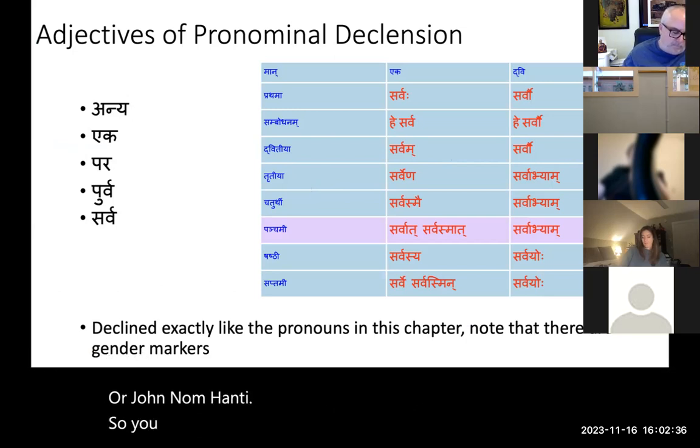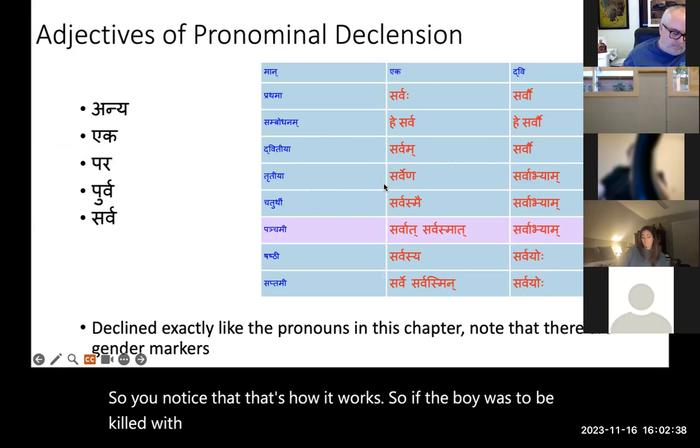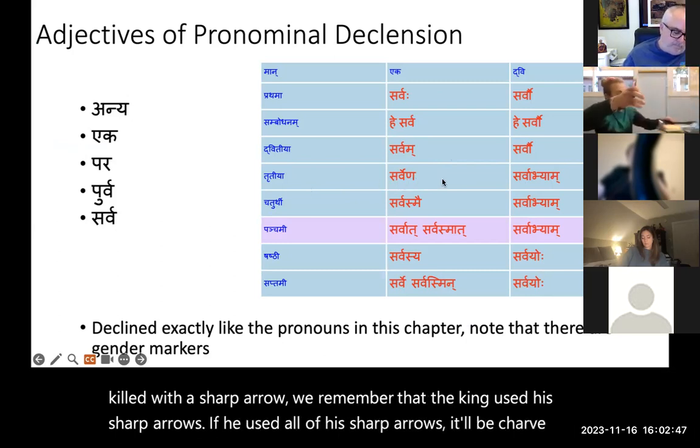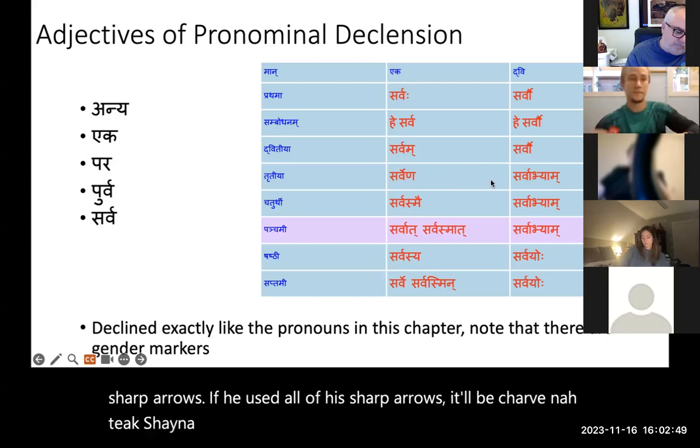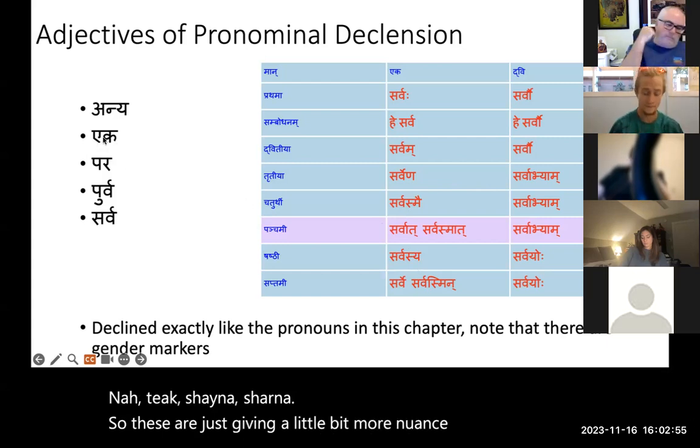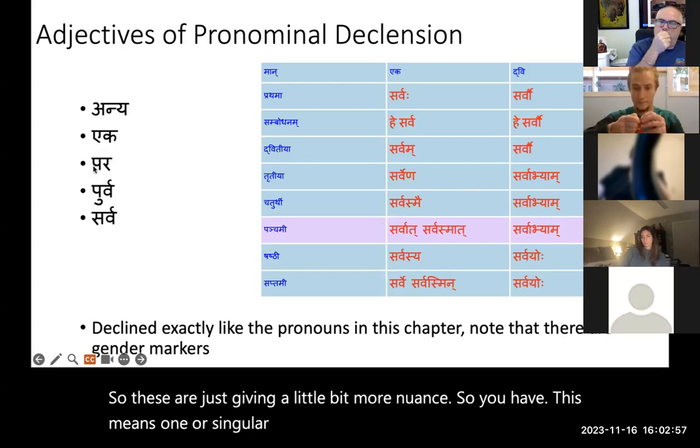So if the boy was to be killed with a sharp arrow, we remember that the king used his sharp arrows. If he used all of his sharp arrows, it would be sarvena tikshena sharena. So these are just giving a little bit more nuance. So you have eka, this means one or singular, para means other.